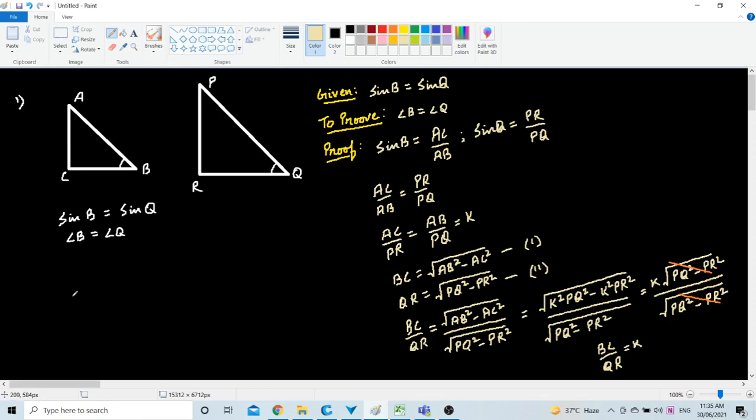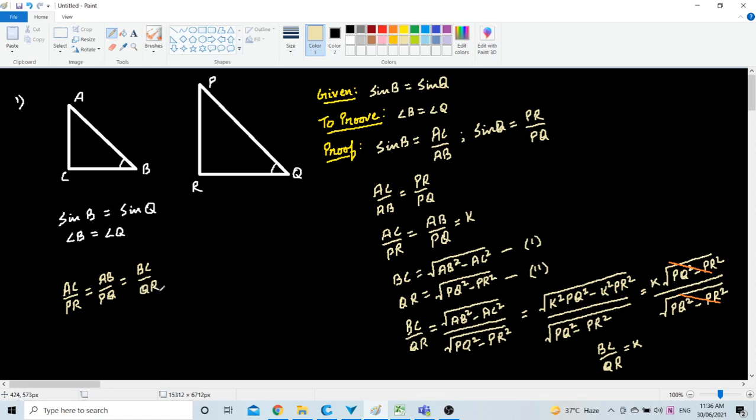So we can say, I'm writing it over here, that AC upon PR will be equal to AB upon PQ, and that will be equal to BC upon QR.